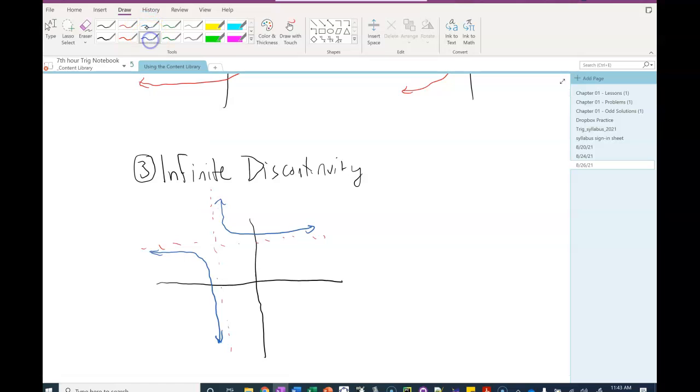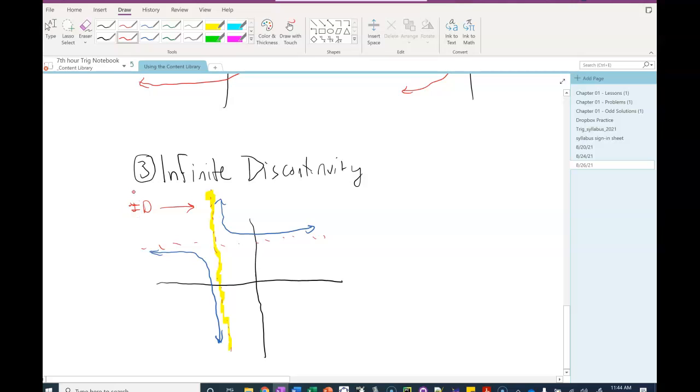If you don't remember what the graph of those things looked like, that's okay. It's not a big deal. It's not my expectation. I'm just making a comment that this is something that we did see in class, right? This is our infinite discontinuity.